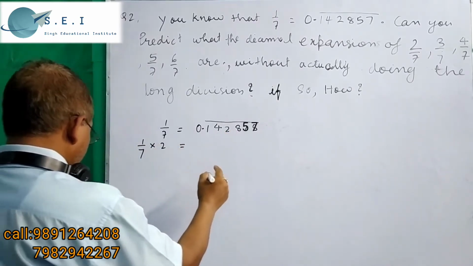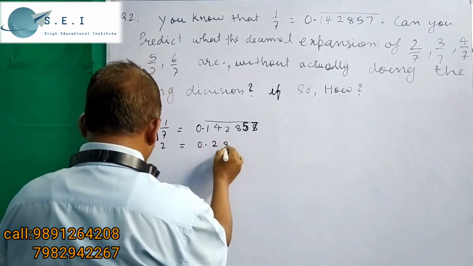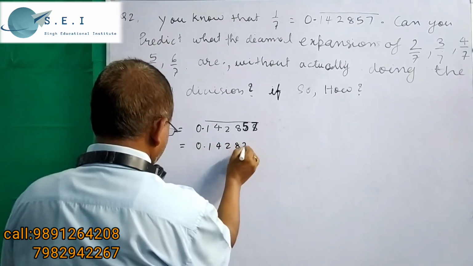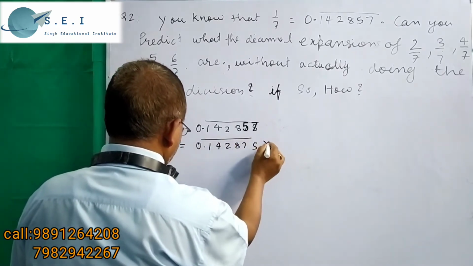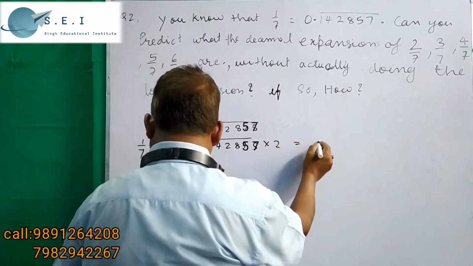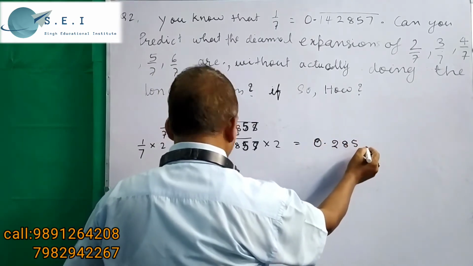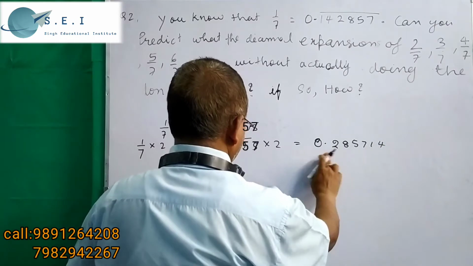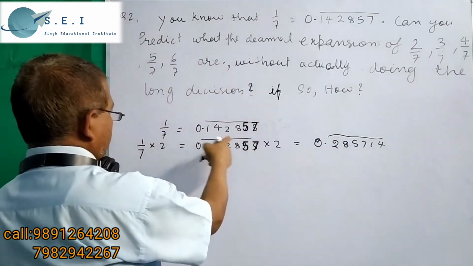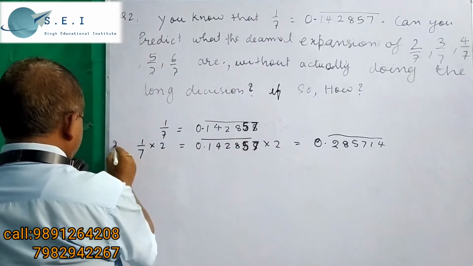We get 0.142857 multiplied by 2 is equal to 0.285714. This is the answer obtained by multiplying this by 2. So this is the answer of 2 upon 7.